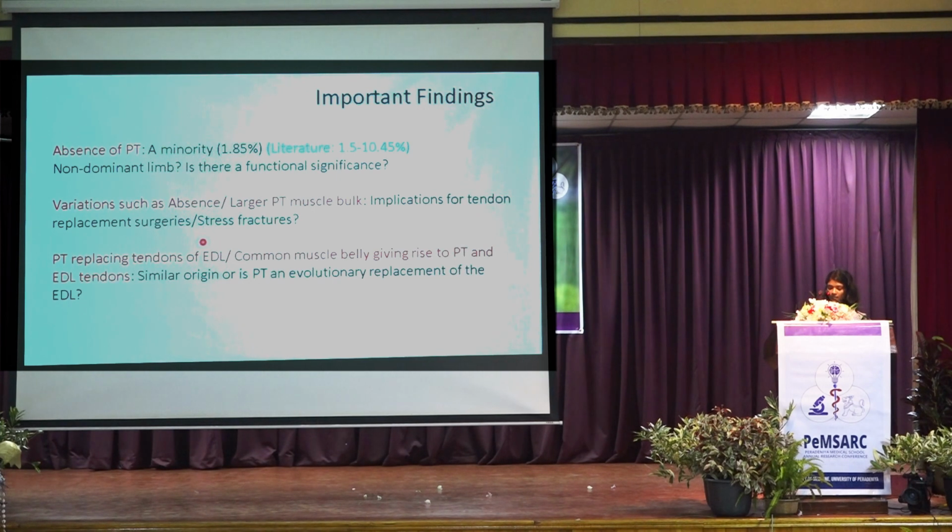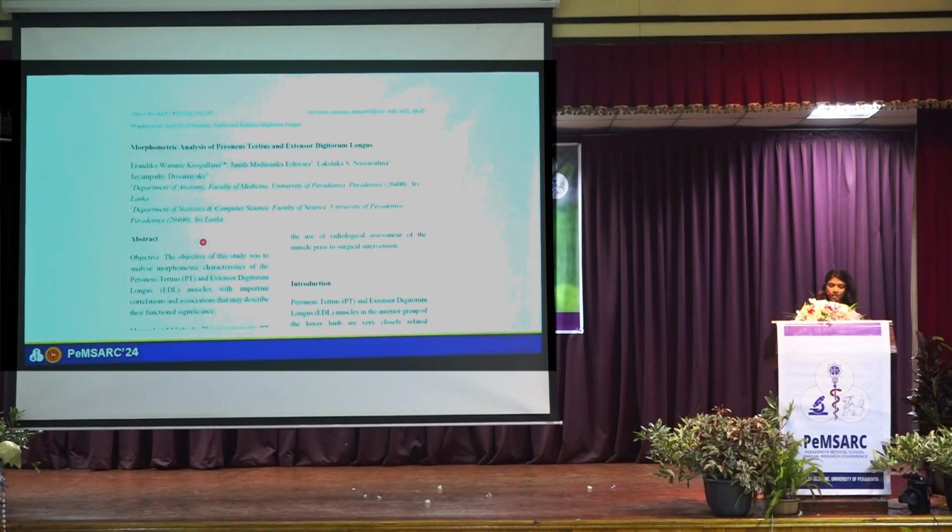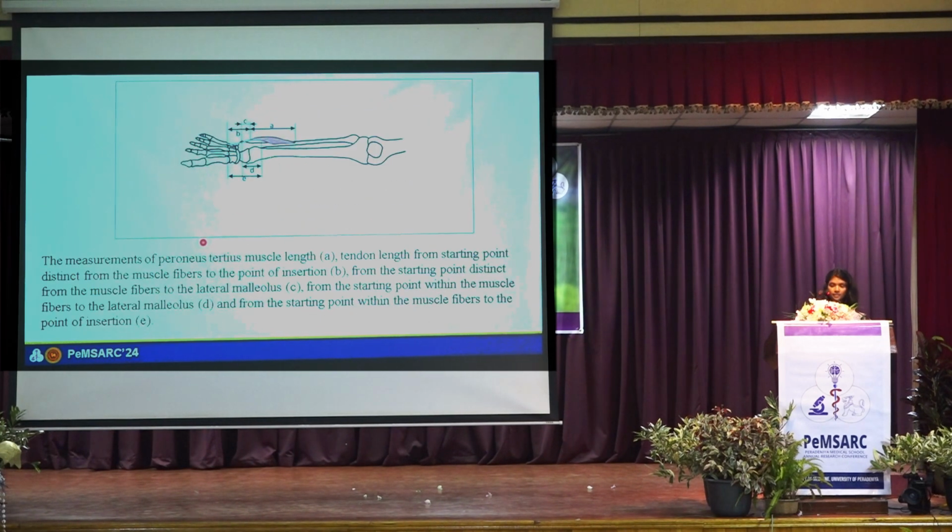So then we expanded our study for a morphometric analysis. We measured the different lengths of the muscles and the tendons to analyze if we could find any answers for our questions, right? These are the measurements we took of the peroneus tertius. I'm not going to go into detail.